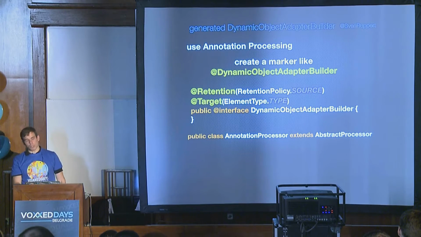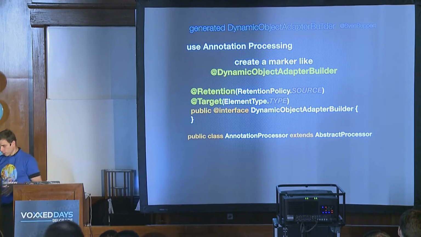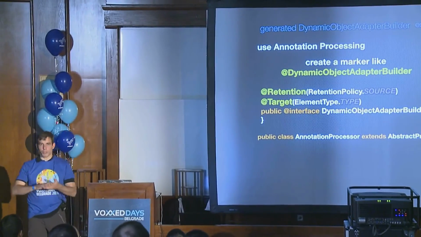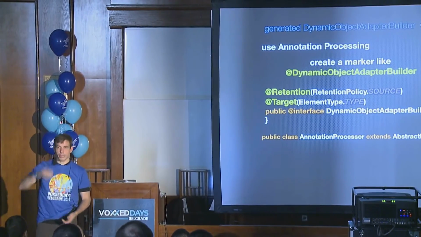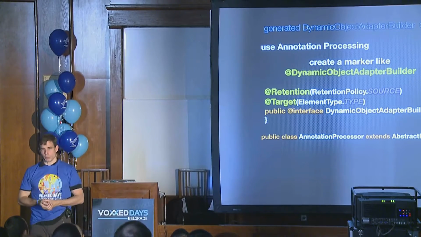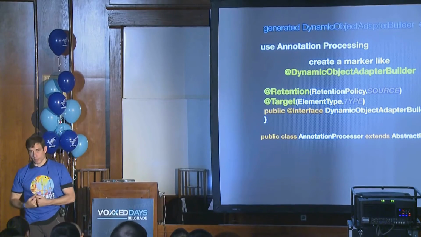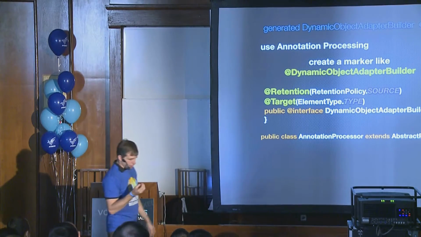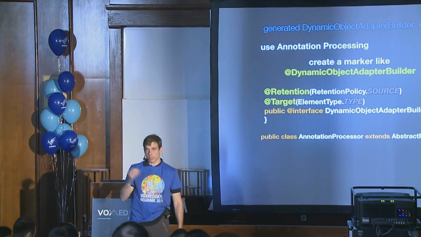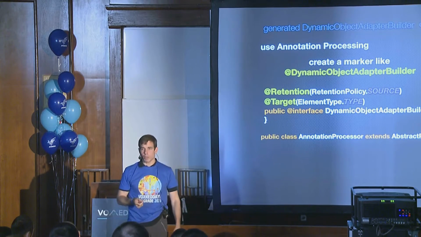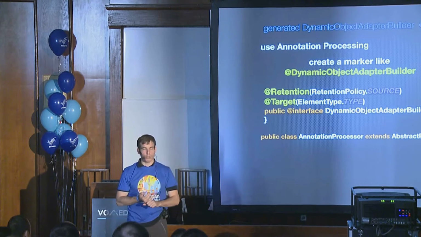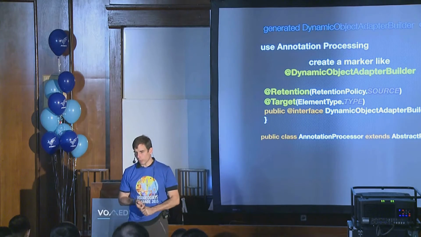I can't show the code for the annotation processor because it's quite long. But the thing is, during the compile process, you have the possibility, now I'm compiling this interface. Then you can check if this interface has this marker, build this builder or whatever. You can create new source code and put it through the compile process.